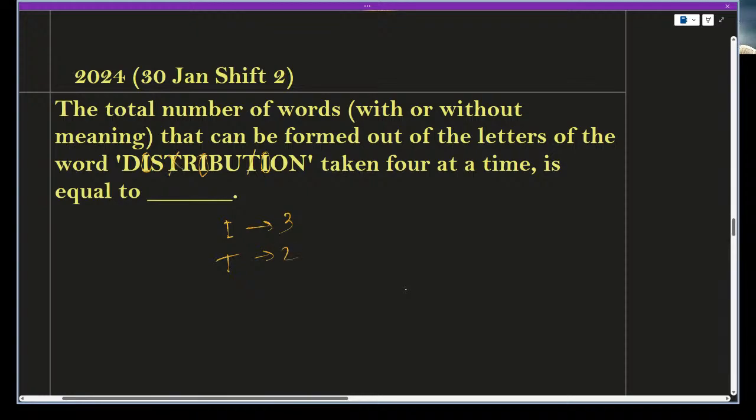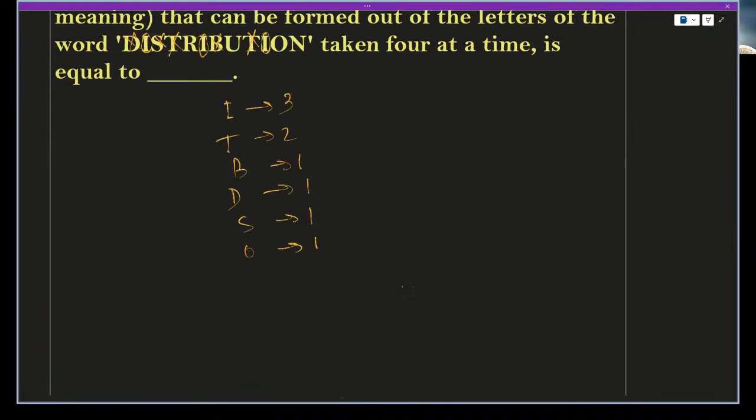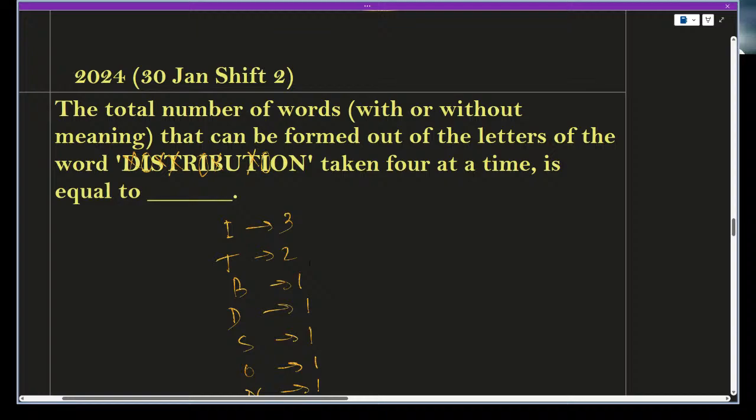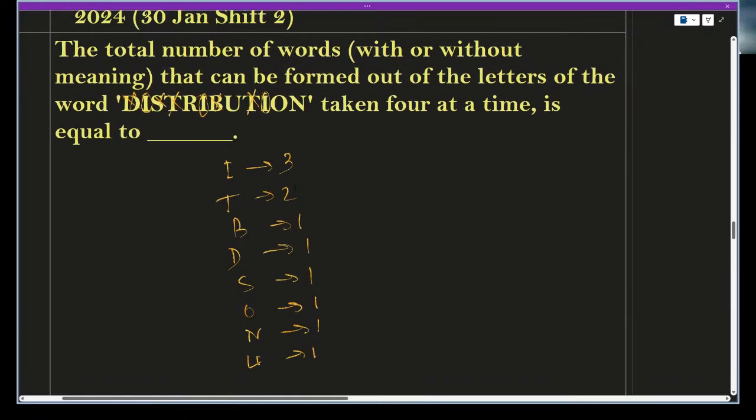Then B once, S once, O once, N once, and U once. Okay? Total number of words with or without meaning that can be formed out of the letters of the word, taken 4 at a time.